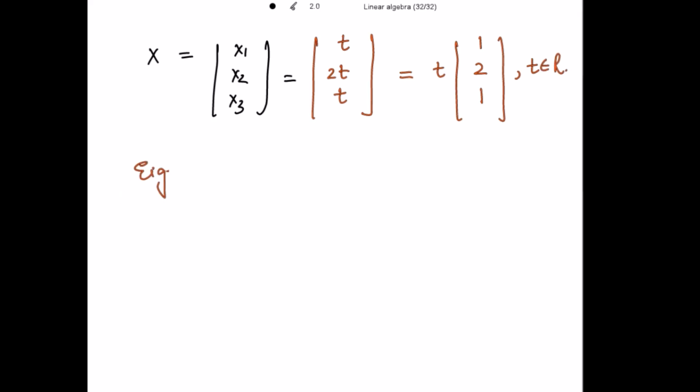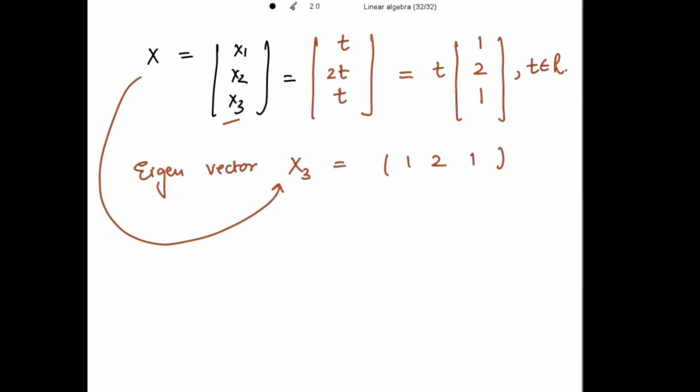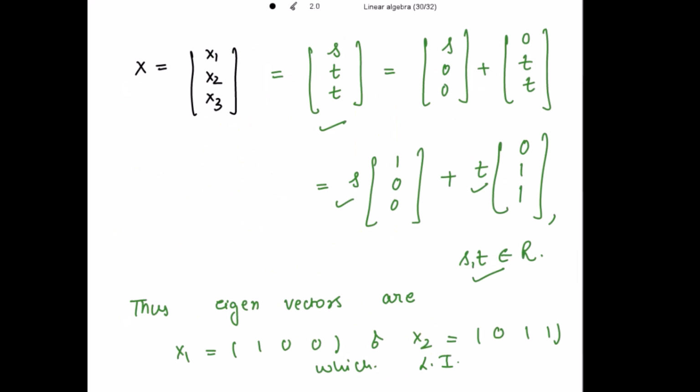So we have got the eigenvector X3 to be equal to, please remember, this is the capital X denoting the third eigenvector, not small x, right? So we have got X3 to be (1, 2, 1). So we have got the third eigenvector to be this, and two more eigenvectors from the first eigenvalue, X1 and X2.